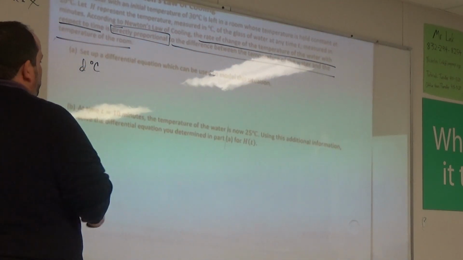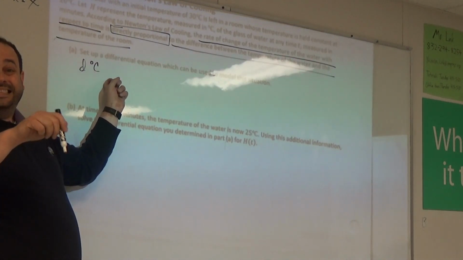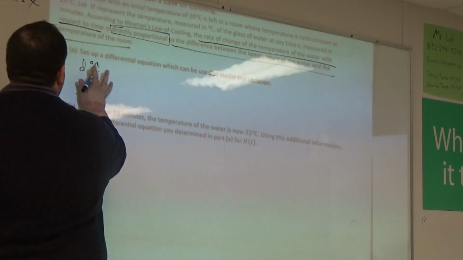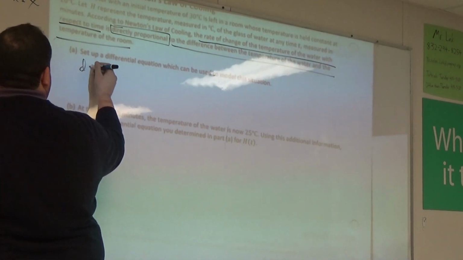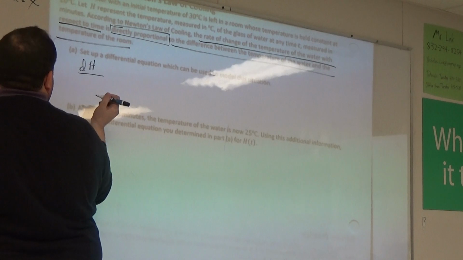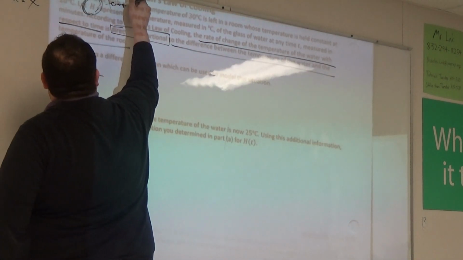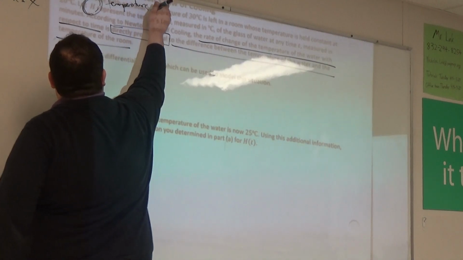Yeah, so here's where I want to be careful. The degrees Celsius, that's the unit, it's not the variable. So give me the variable. dH dt. How did you make that decision? Because they told you. Right, H represents the temperature.